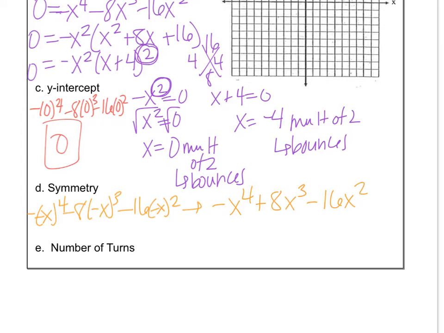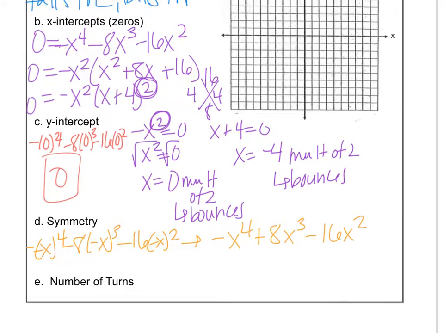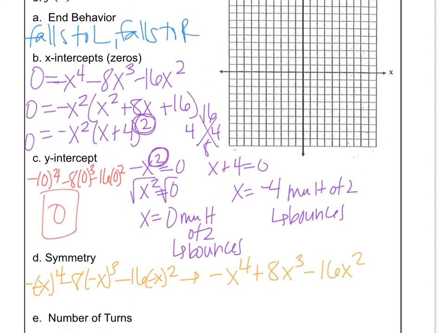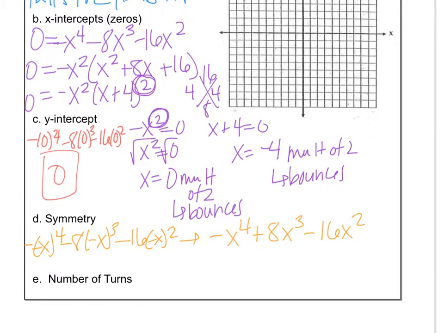So is that the same? No. Is it the exact opposite? No. The even one stayed the same and the odd ones changed, so this is neither. There's no symmetry on this one.